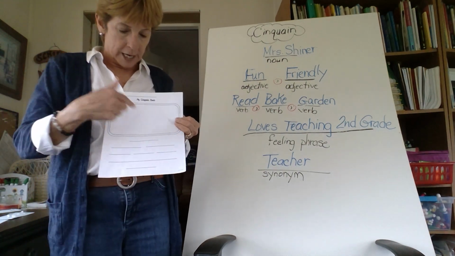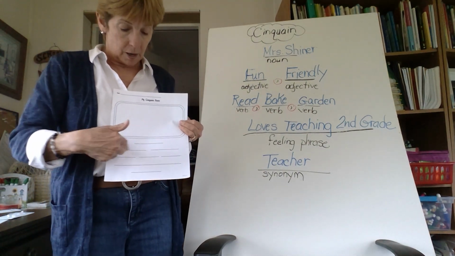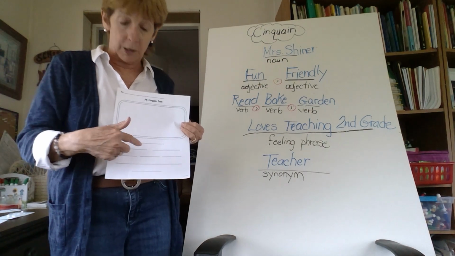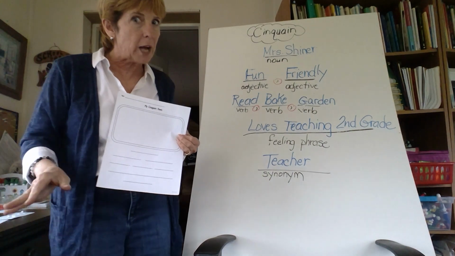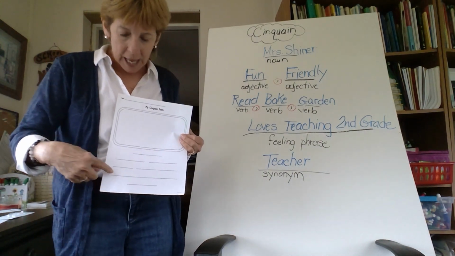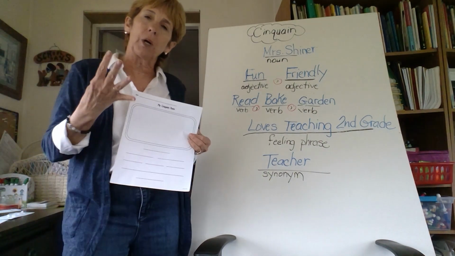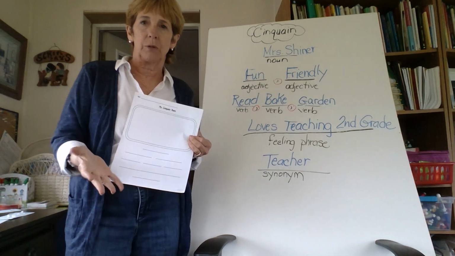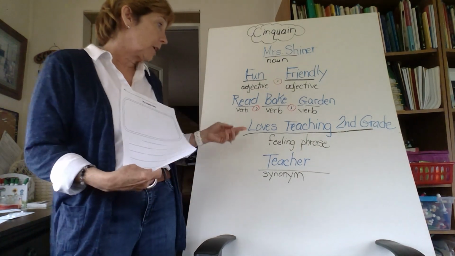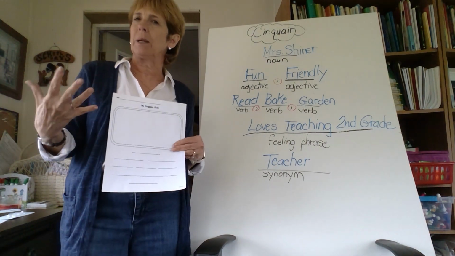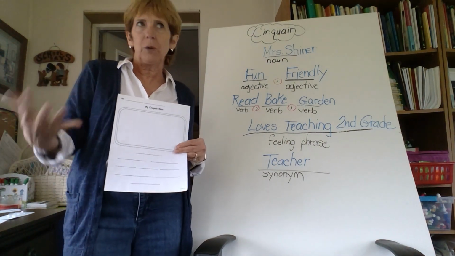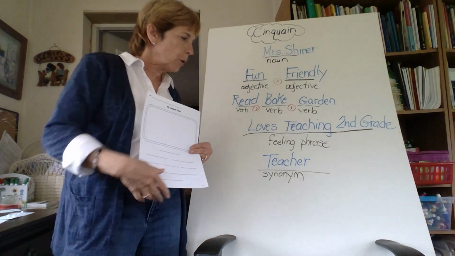You're going to write your name, come up with 2 adjectives that describe you, come up with 3 verbs, 3 action things you like to do, and I know you guys are active, so that shouldn't be a problem, and then a 4-word phrase about you. Maybe, like Mrs. Shiner said, that she loves teaching second grade. Maybe it's something you like. Maybe it's how you're feeling about something. So that's what you're going to write there.